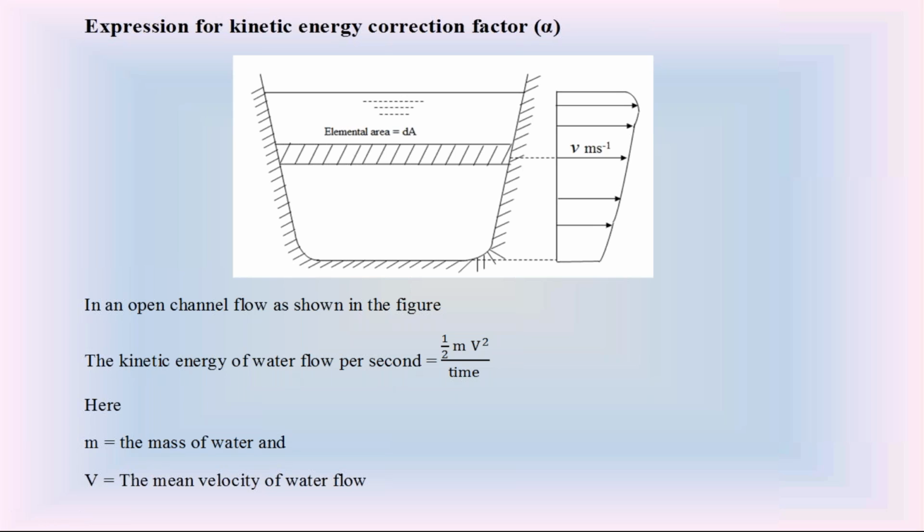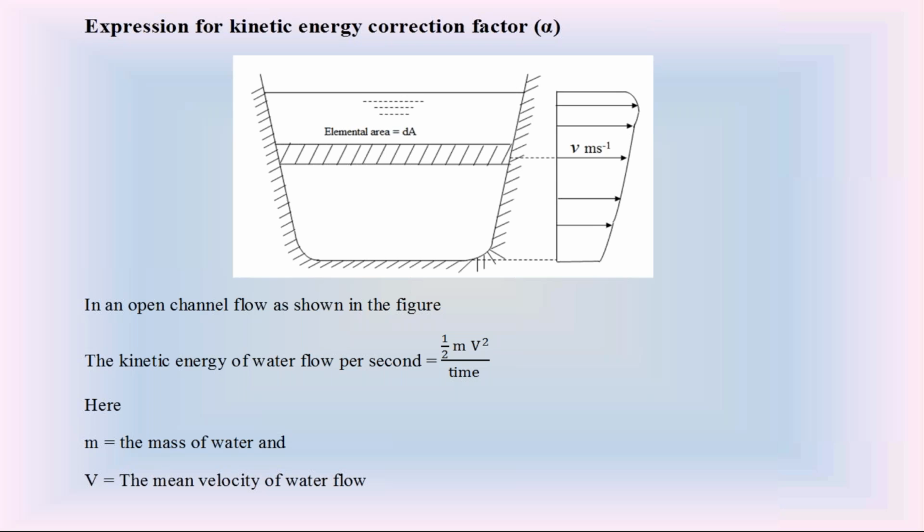So in deriving the equation for the kinetic energy correction factor, first we calculate the kinetic energy of this flowing water per second using the mean velocity.